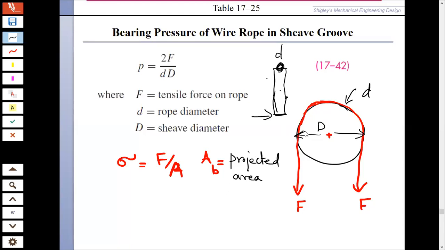Projected area ये होगा ना, if the rope is sitting over here, so this is the projected area.